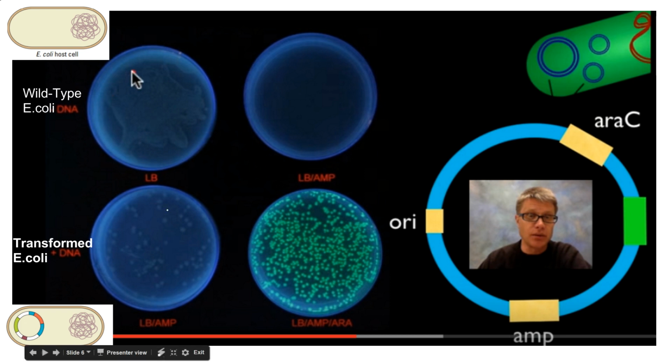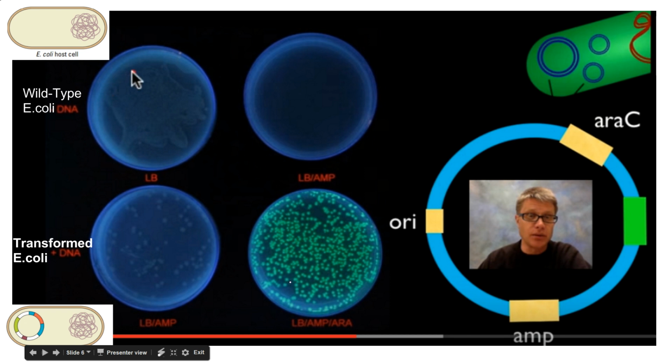And the big reason is this right here, all of them are growing. This down here is going to have some of these that transferred, but it's also going to contain some of these ones that did not pick up the plasmid. So everything that did not pick up the plasmid is going to die, and it's not going to be fully grown like this.